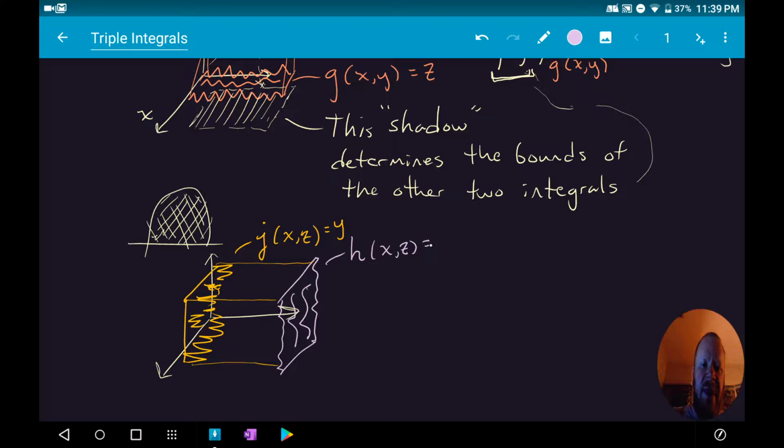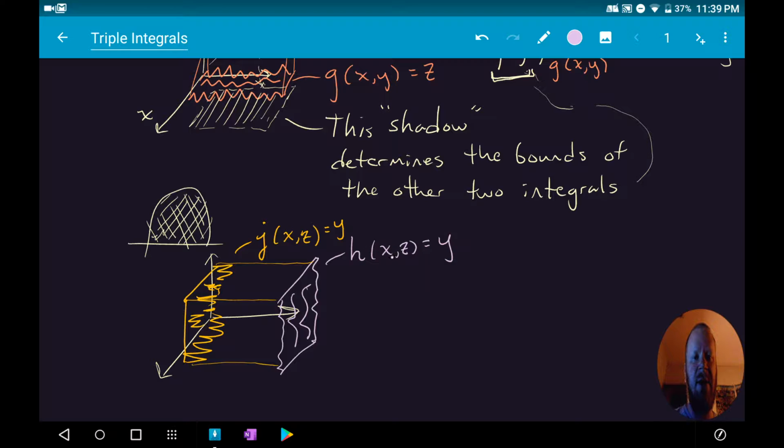So I'm using these kind of abstract shapes to demonstrate a point about the nature of surfaces, right? So surfaces are just functions of two variables. In this case, y is equal to a function of x and z. Later on, when we actually look at the example, we'll see that these functions will be given to you, right?